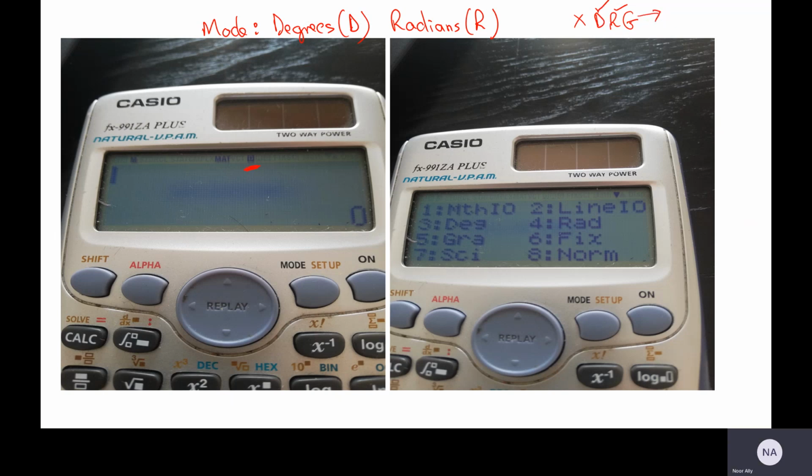The G we're not going to use. It's actually known as gradients, but we won't use that. So how do I get my calculator in the correct mode? By default, it is in degrees.